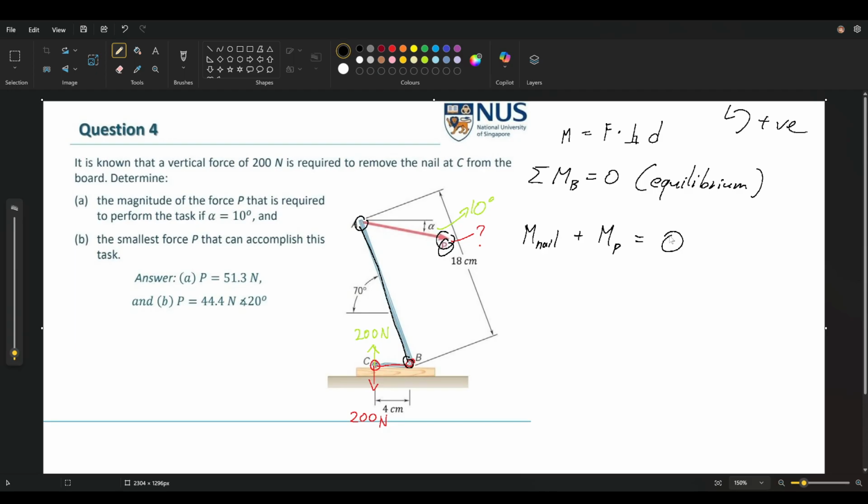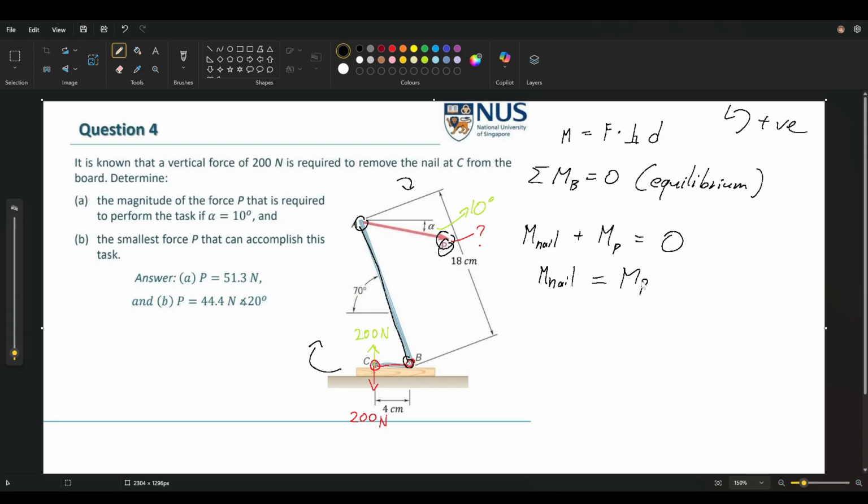As you can see, for the nail, it's going in a clockwise direction, whereas the P is also going in a clockwise direction, so it doesn't matter, okay? They're just going to equal each other. So since equilibrium, I can now say the moment induced by the nail equals the moment induced by force P.